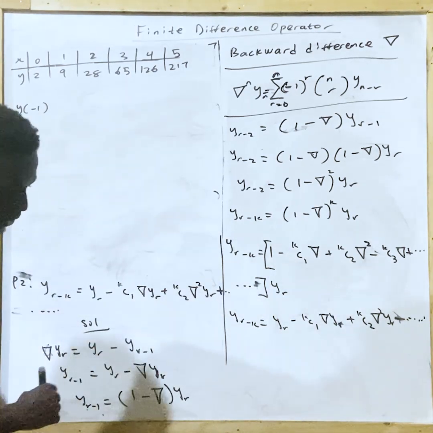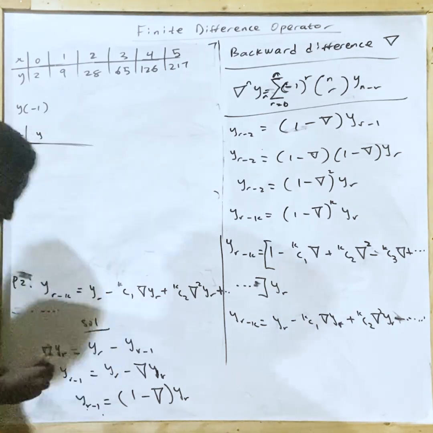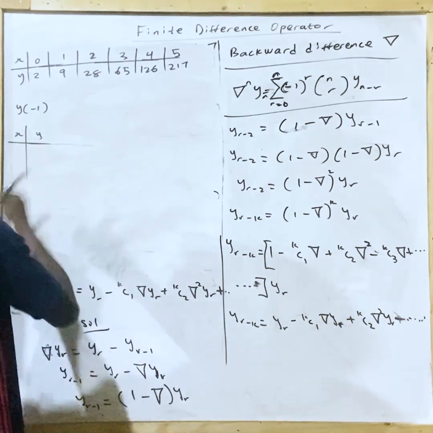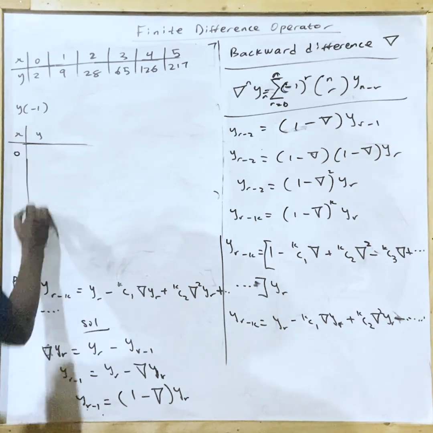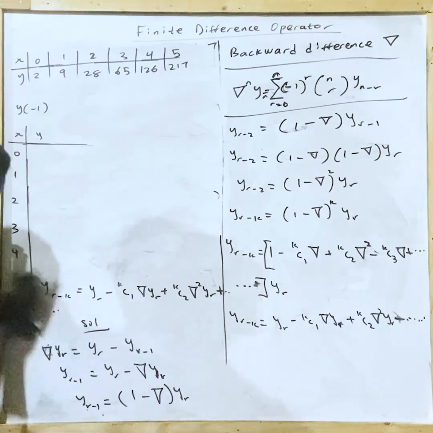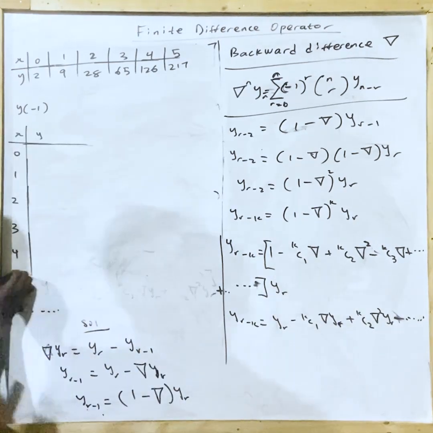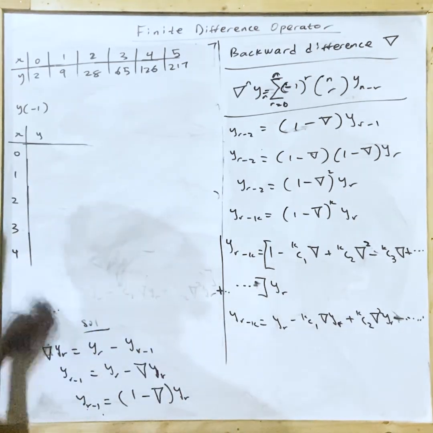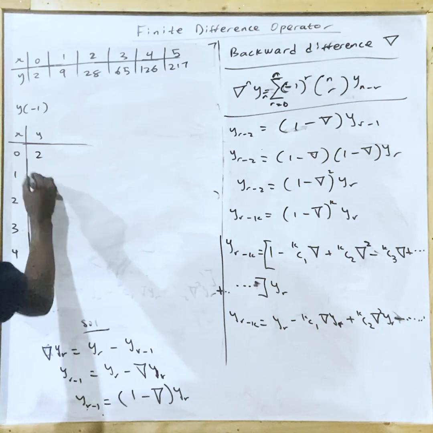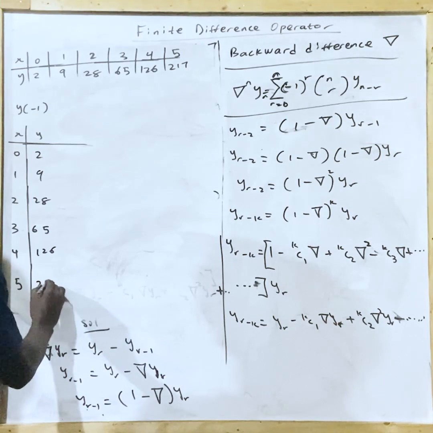Let's prepare a table. We have our x and our y. Our x is 0, 1, 2, 3, 4, then 5, and your y is 2, 9, 28, 65, 126, 217.